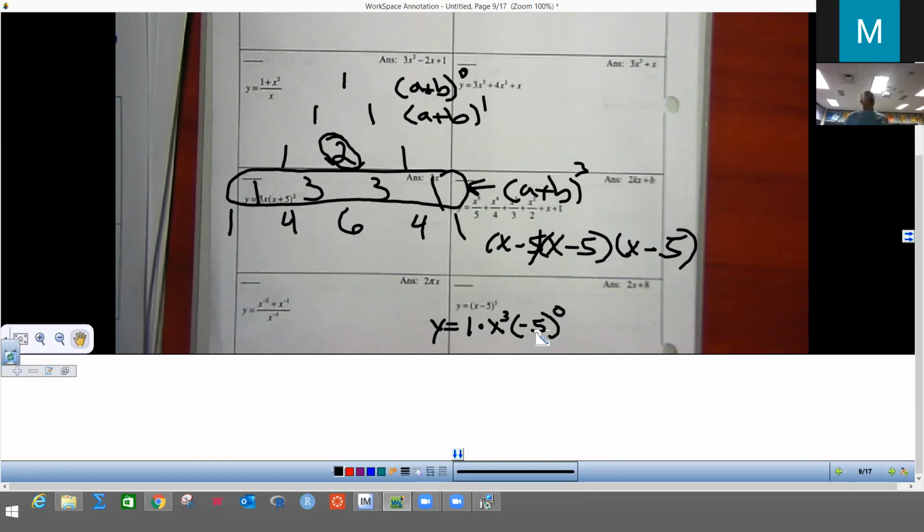So that's -5. You take the second term, which is -5, and you raise it to the 0 power. So I usually wouldn't put this one here or this one here because they're both 1. But I want to show you the pattern. I'm going to go to red because I'm going to have to go too far over here. Then I go plus, and I go to this second number up here, this 3, and I put the 3 down there.